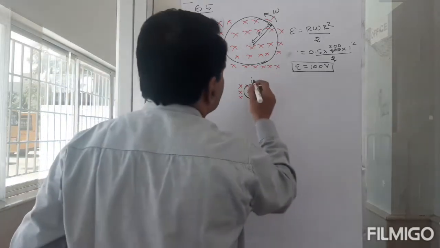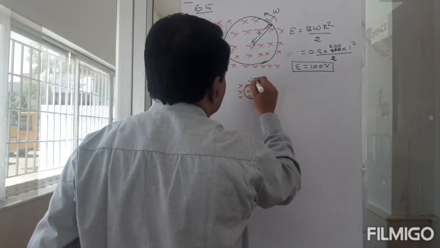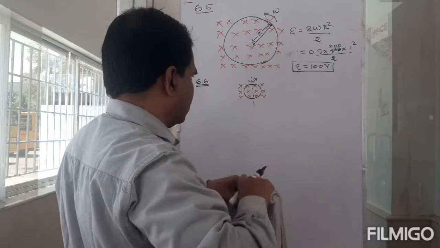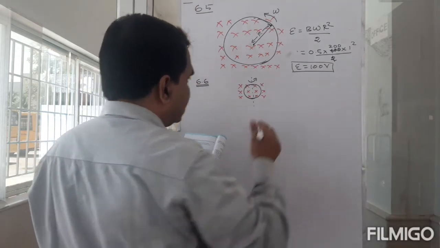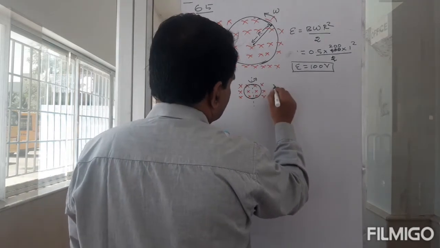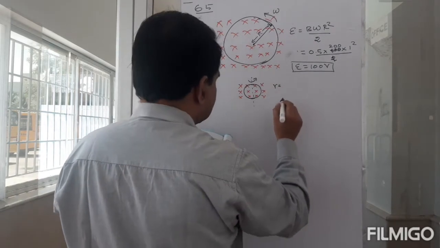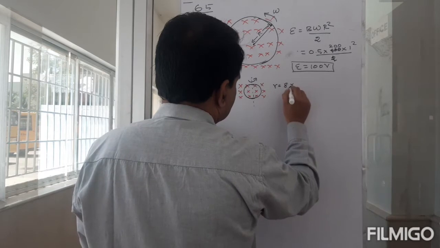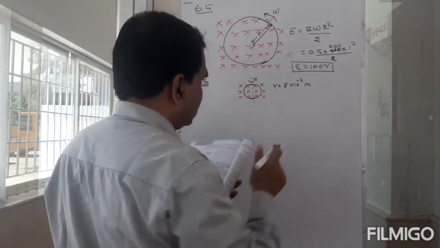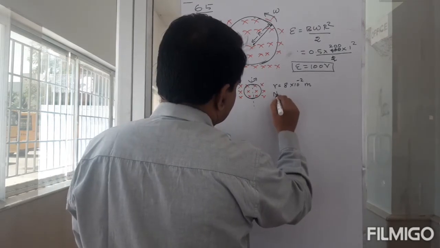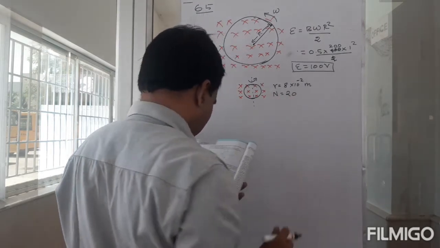They've given you this too. Omega is also given. So what are the things which are given? Radius of the coil is 8 centimeters, so 8 into 10 power minus 2 meters. The number of turns, N, is 20.